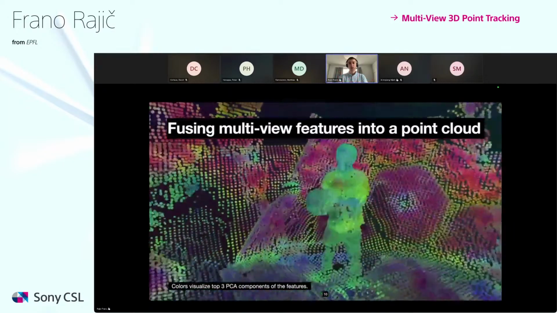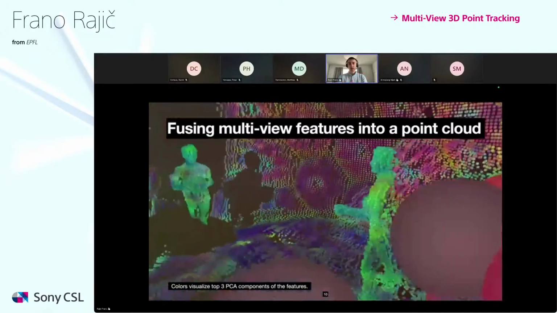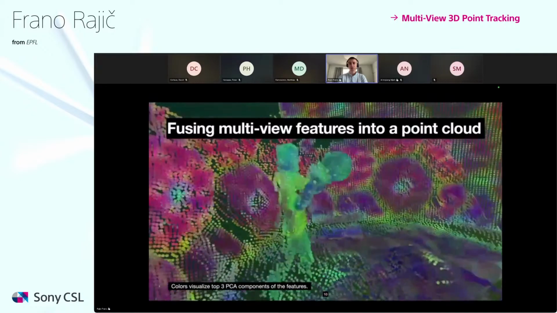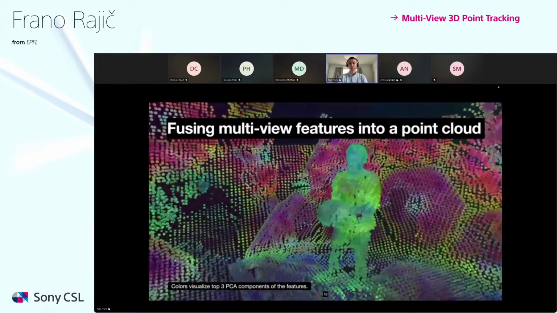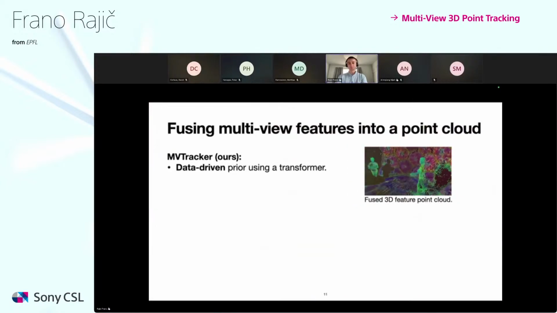So we are working in this space. We'll lift the features in 3D to get this point cloud, and this is at the core of our method. This is a visualization of the features using PCA to get colors. And on top of this feature point cloud, we'll learn a data-driven prior using a transformer.